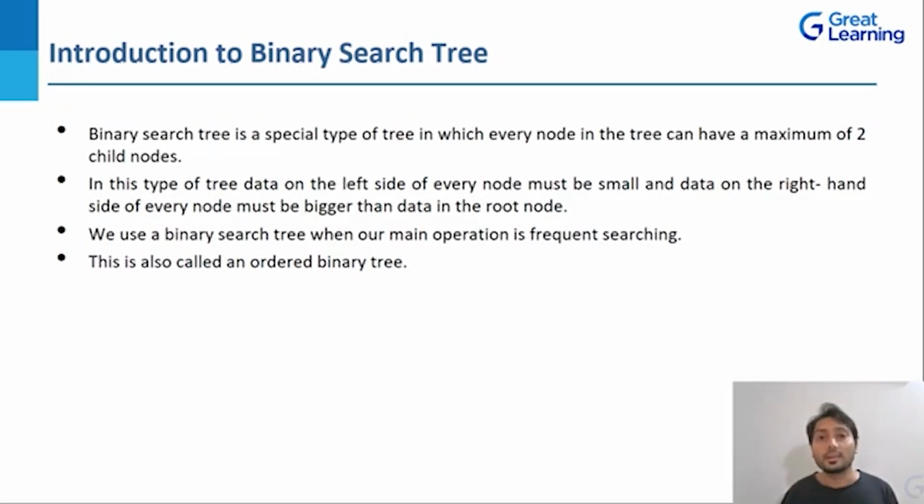Now why ordered binary tree? If you see here, we have some sort of ordering. What ordering? All the nodes present on the left hand side of the root node are smaller than that of the root, and all the values present on the right side of the root node are greater than that of the root node, such that it comes in an order. Now let's try to understand all this with an example in the next slide.